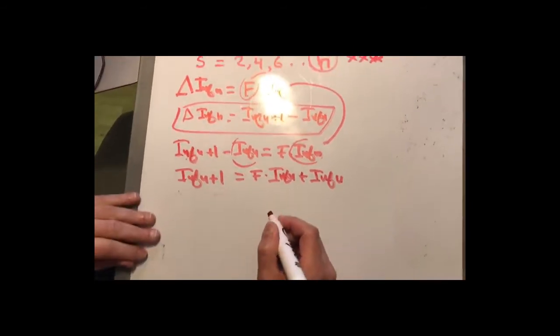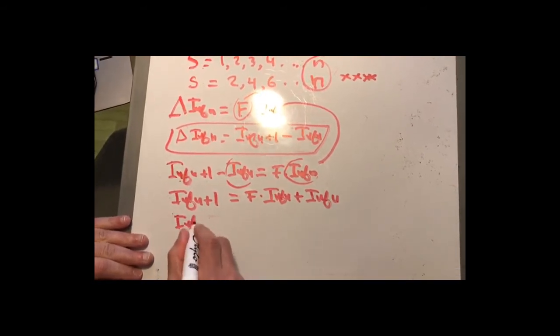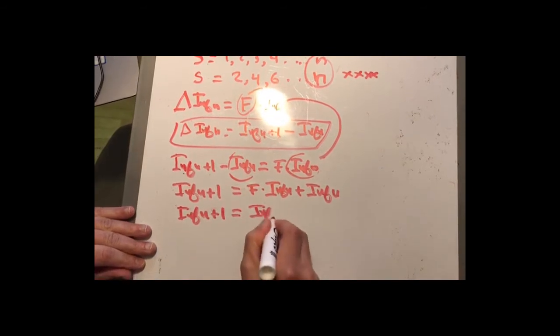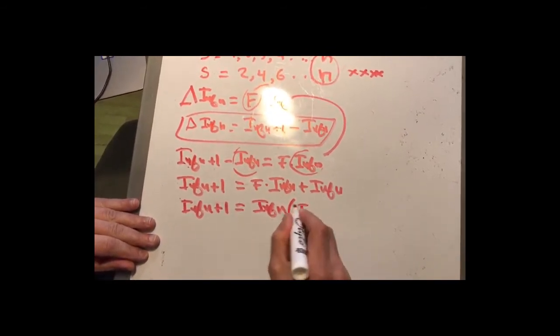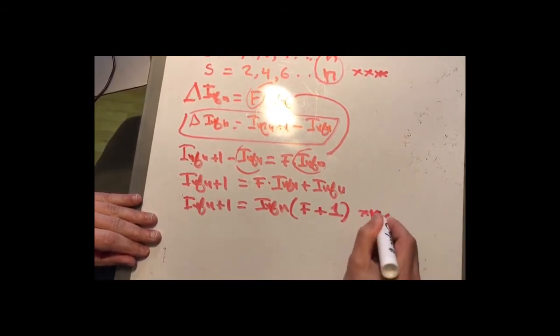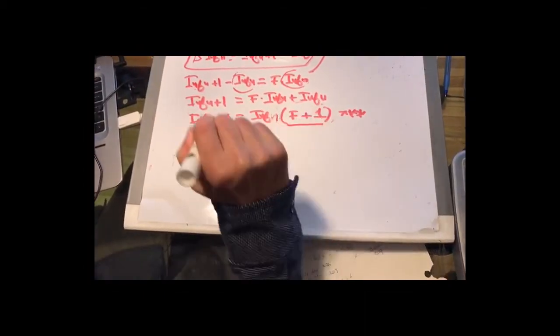And because it's a common factor, I can do something like that. I'm going to put this information outside, open parenthesis, factor here, plus 1. Okay, so this is the factor I'm looking for.